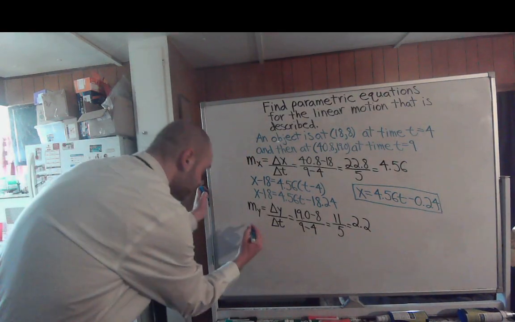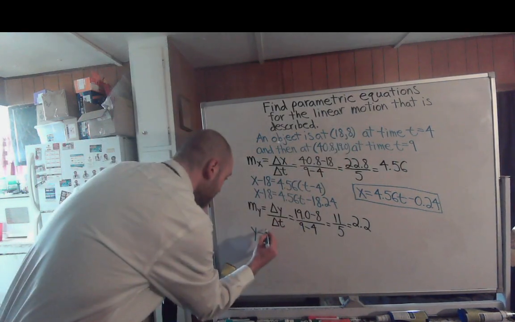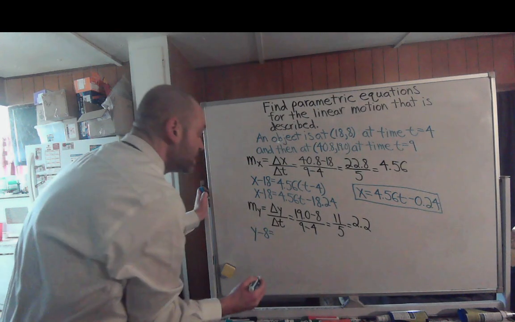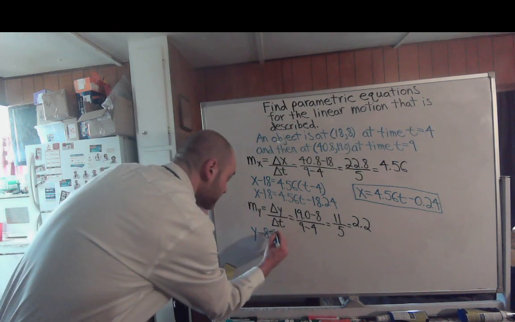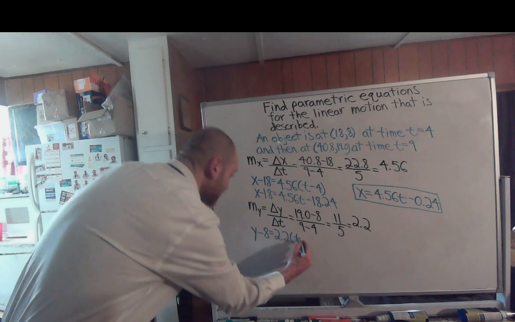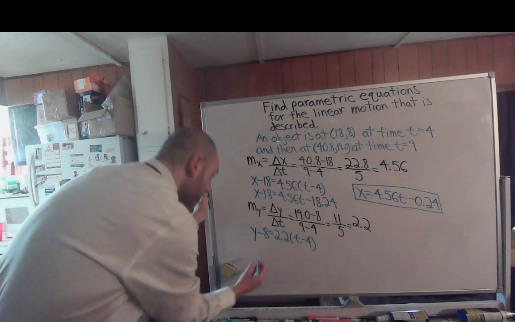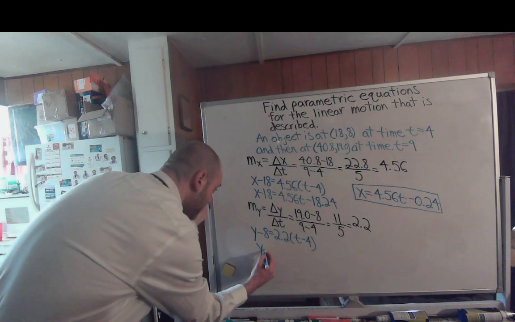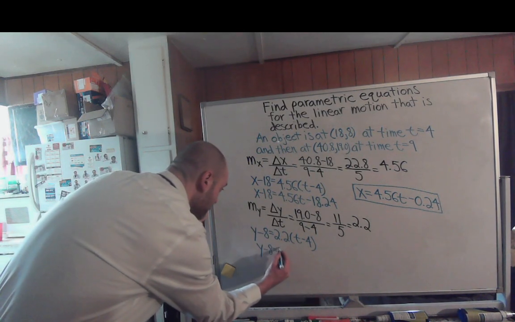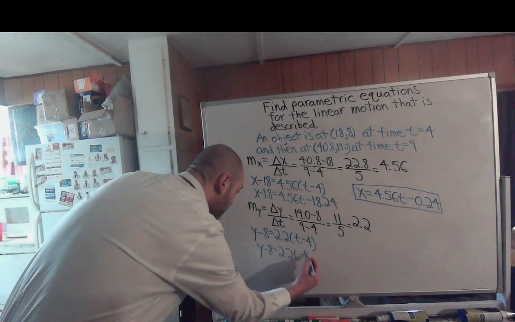So this is going to be y minus my first y coordinate of 8, then equals my slope of 2.2 times my t minus my first t of 4, which means y minus 8 equals 2.2t minus 8.8.